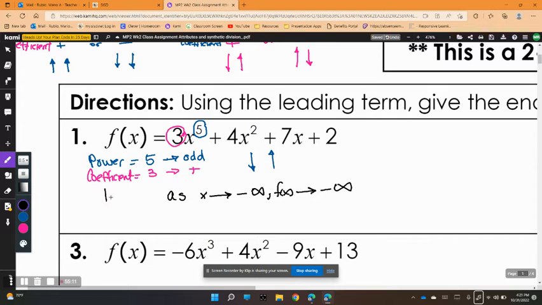What makes it the left is that we're using negative infinity. As we change our x values and go more and more negative, more and more to the left of the graph, the value of the function is also going to be negative, because the graph is going to be pointing down.